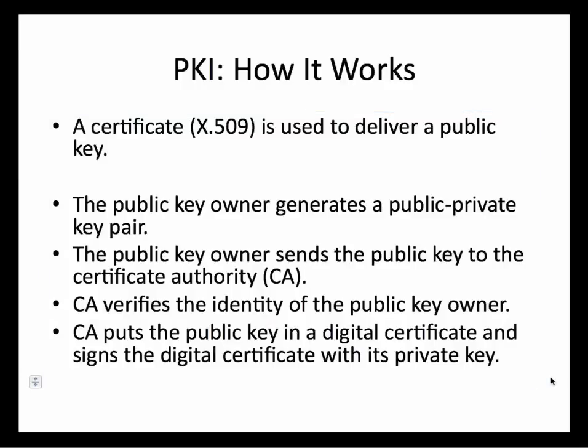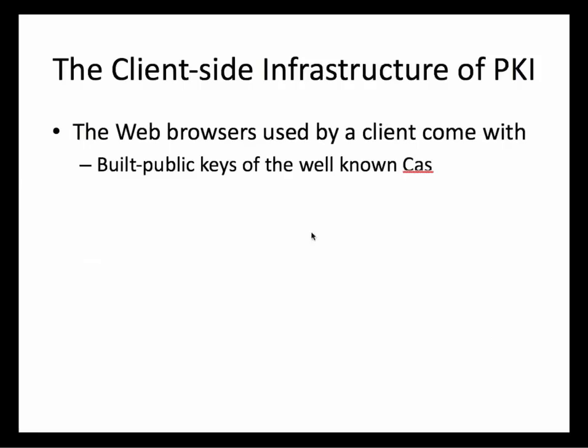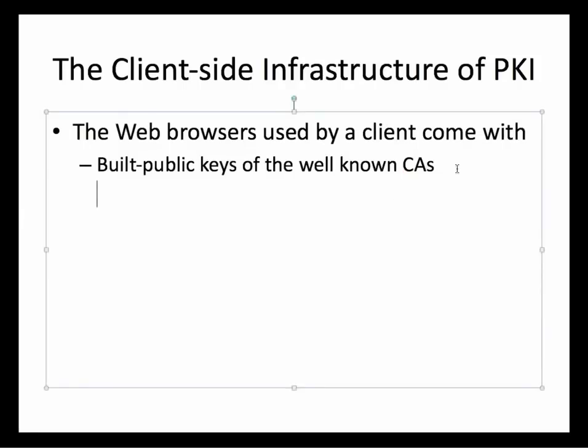Once this is done, the certificate is sent to the user of the certificate. When you get connected to a website, for example using something like the Secure Socket Layer, the very first thing you have to do is the key exchange using public-private key encryption.